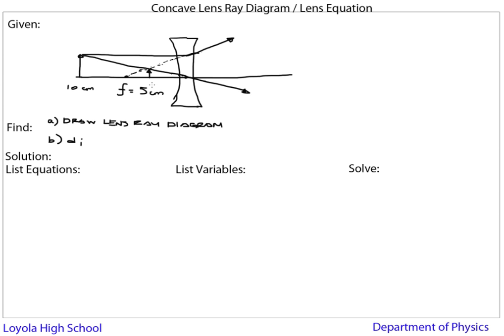So I see a smaller image. And because it's not the light rays themselves, but the extensions of them backwards that meet, you get a virtual image. So you follow basically the same rules as convex lens rays, except this ray on the top bends outwards because of the refraction of light, but we can trace it back to a virtual focal point.